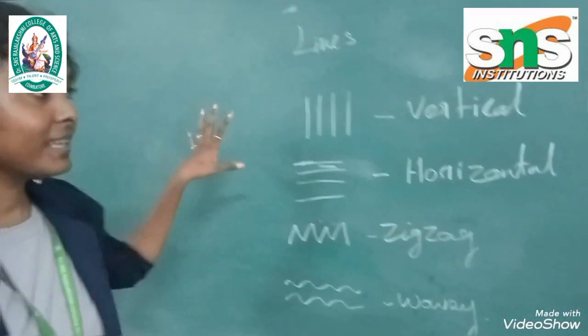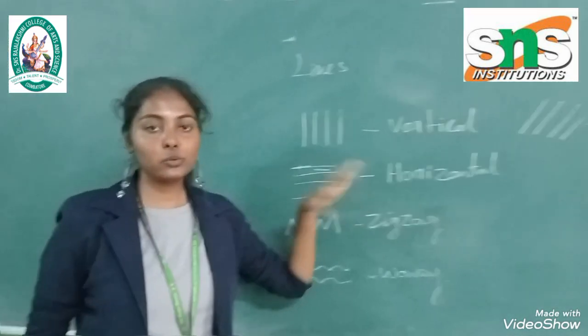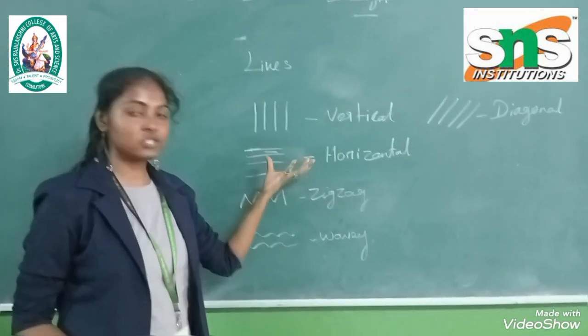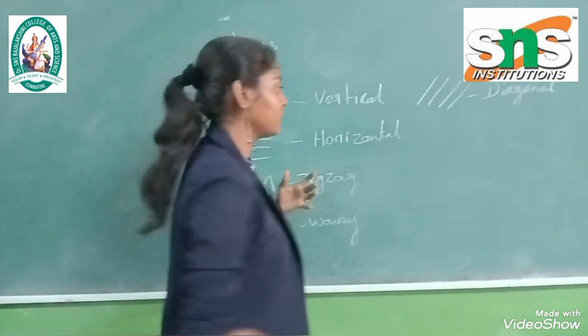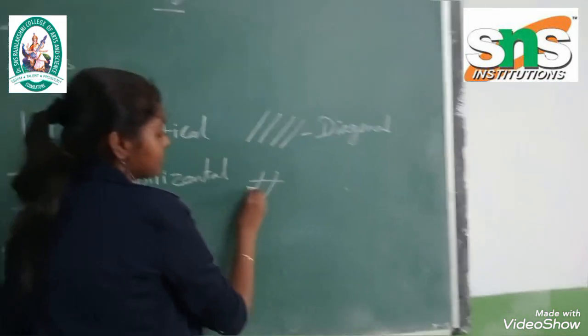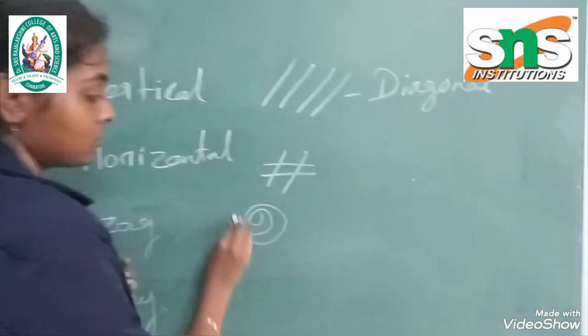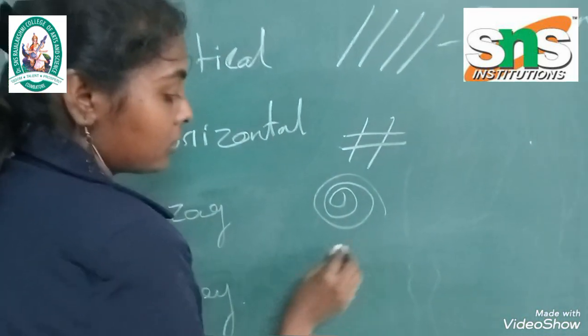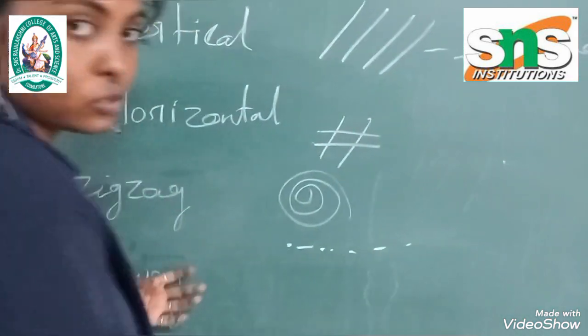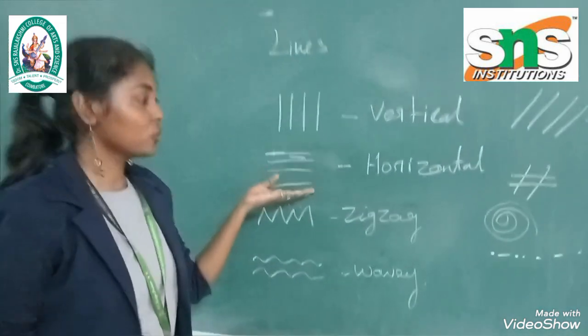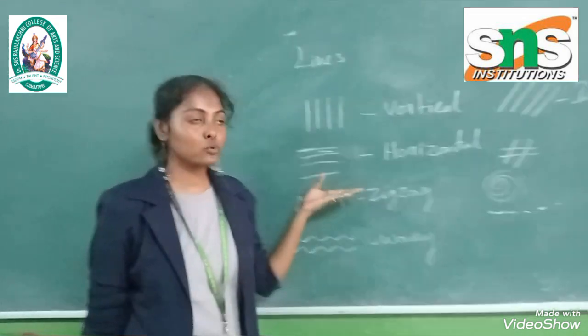These are the basic lines we use in a garment to create a visual or structural effect. Not only these lines, we also have check patterns like this, or spirals, or dotted lines like this also. These are the lines we use most commonly in a garment.